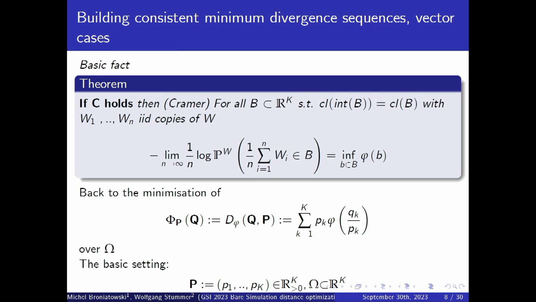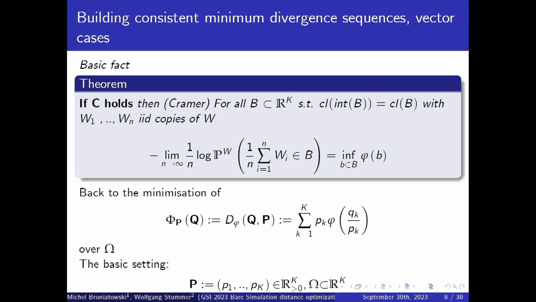I start in order to give some insight on the very classical Cramér result on large deviation, saying that if phi is indeed the Legendre transform of the cumulant generating function of the w's, then the empirical mean of the w's satisfies a large deviation result, meaning the following.